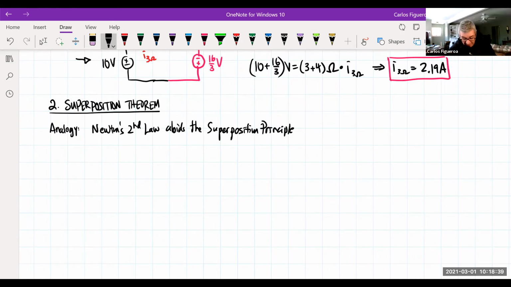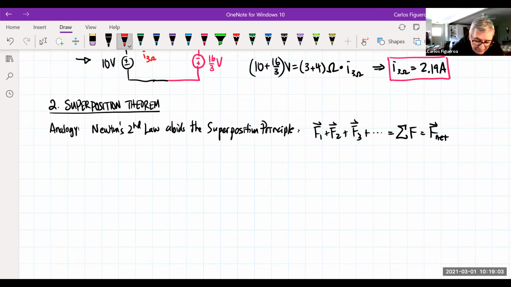And what I mean by that is that if I have a series of forces acting on an object, I can sum all of these forces, and the sum of all of these forces is what we call the net force.